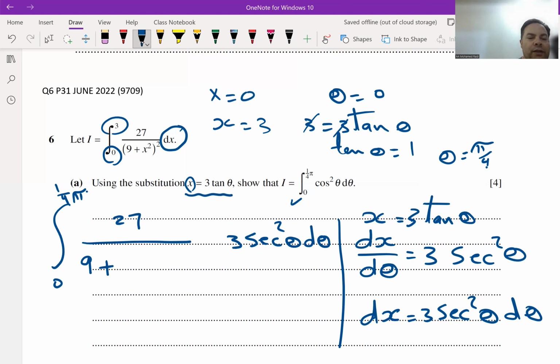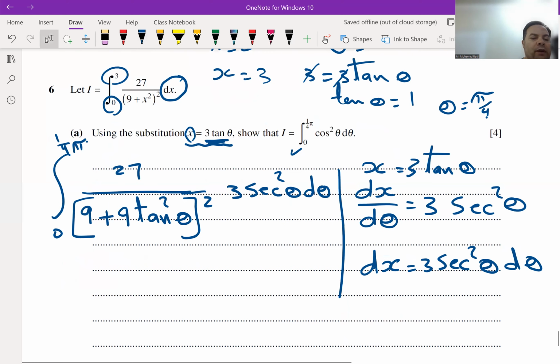Remove x squared and write 9 plus... x squared is 3 squared, which is 9, so 9 tan squared theta, all to the power of 2.